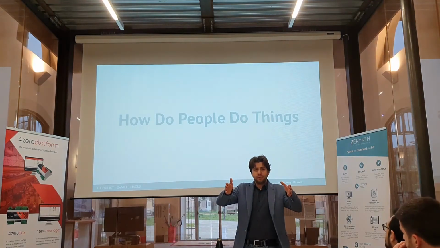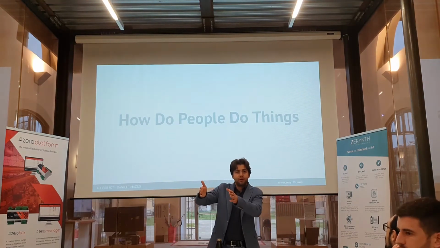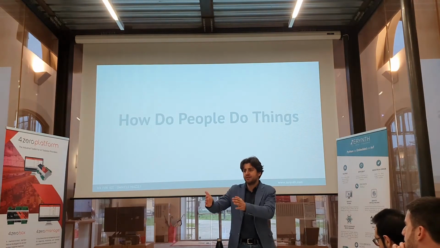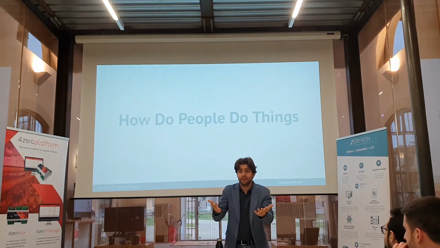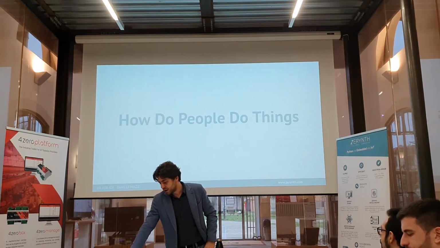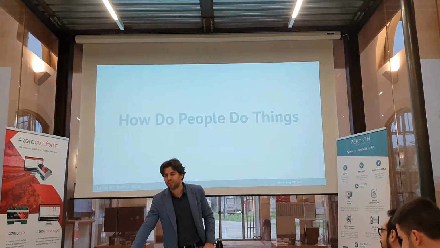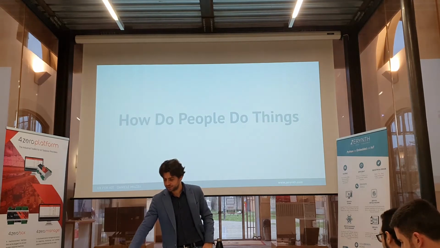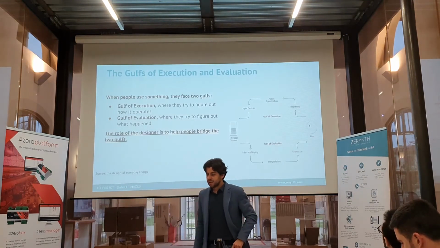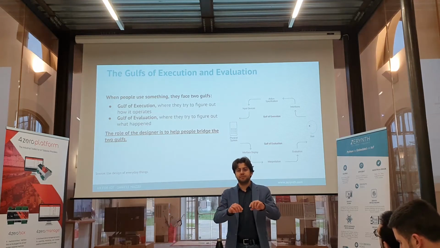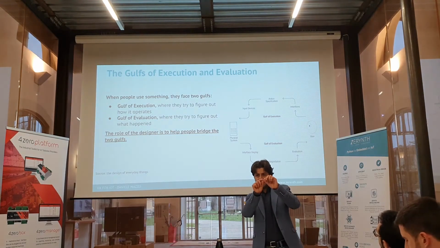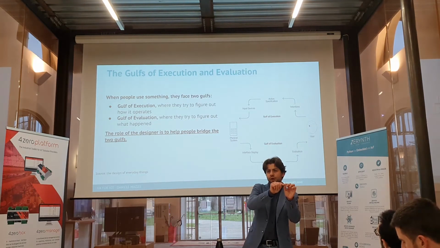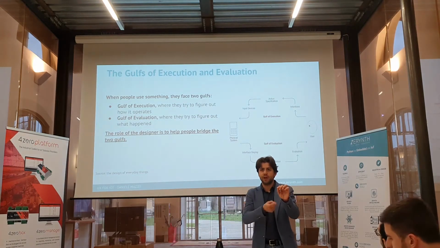Until now, we saw how we should develop interfaces and systems aimed at interfacing with people. But why? Now we will do a brief analysis of how people do things, how people think while interacting with objects. Norman defines the interaction between a user and an object with two goals: the goal of execution and the goal of evaluation.